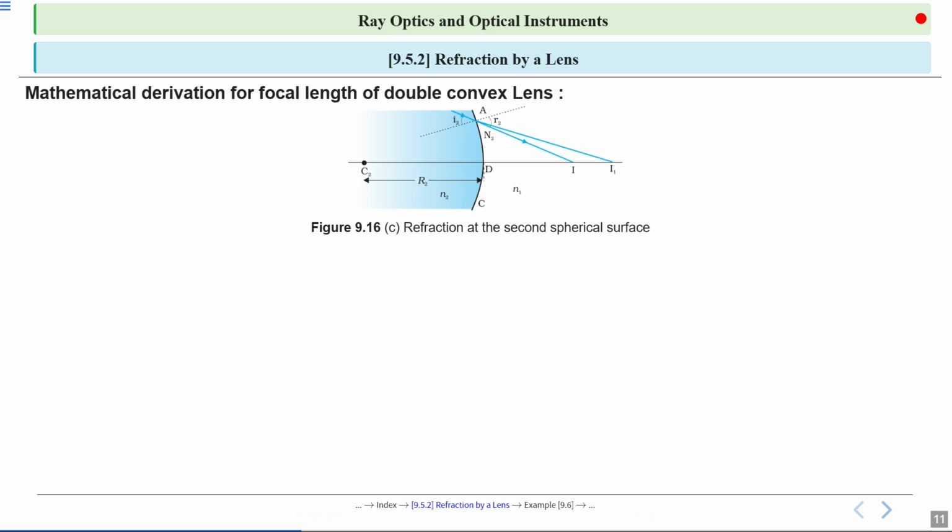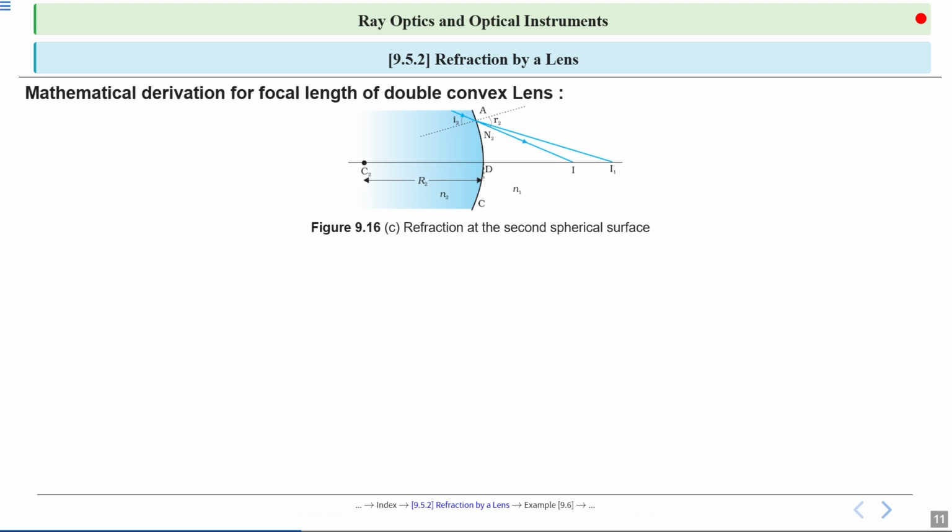So light after refracting through the first spherical surface is falling on the second spherical surface at this point. This is the incident light coming after refracting through the first spherical surface ABC. Light is coming from a denser medium and going into a rarer medium. Also this light ray is directed towards I1.